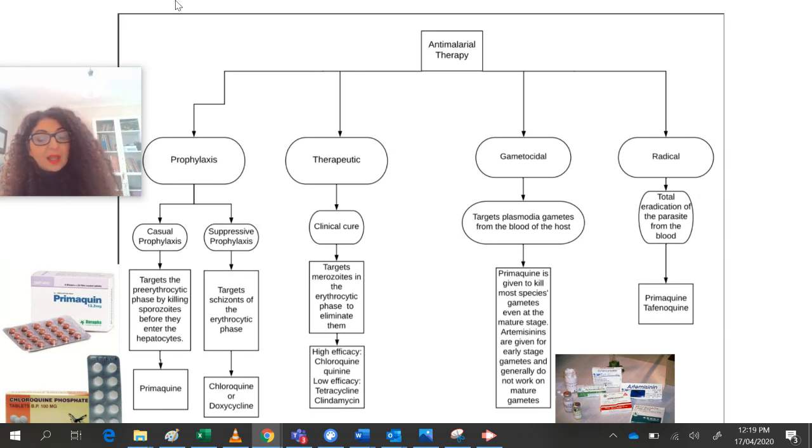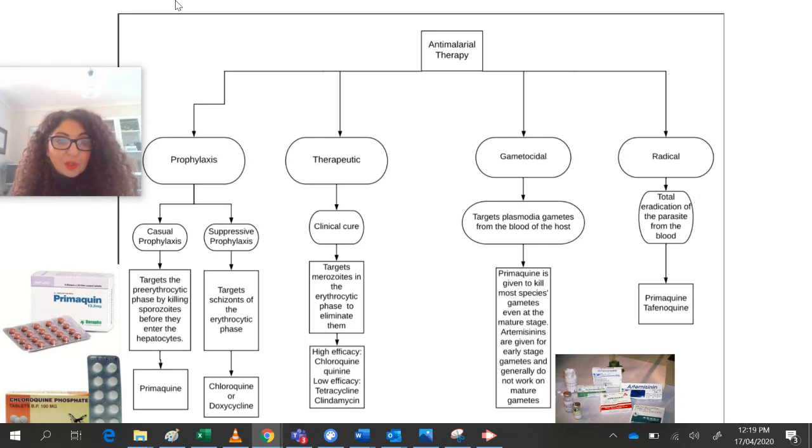So primaquine, as you can see, can be given as a prophylactic, or it can also be given as a gametocidal. Another thing that we can give other than primaquine is something called artemisinin. Those are given at early stage gametes, but they won't work on the more mature ones, whereas primaquine will.